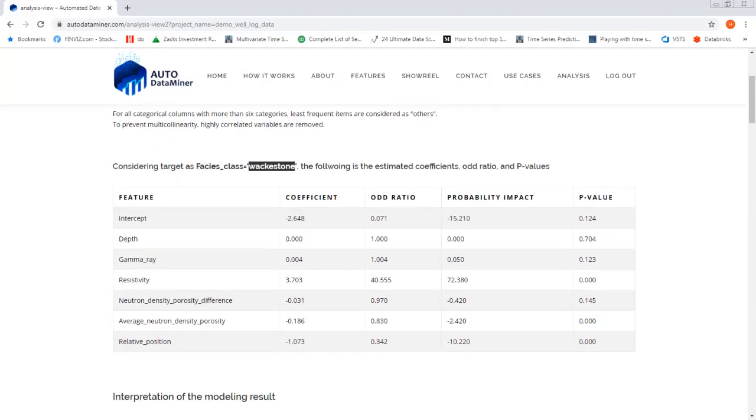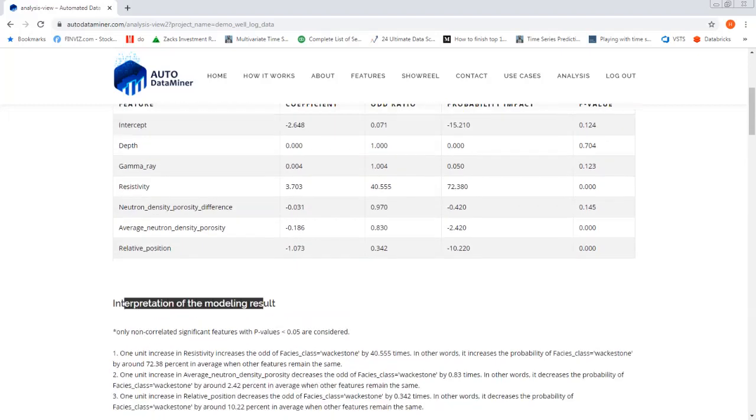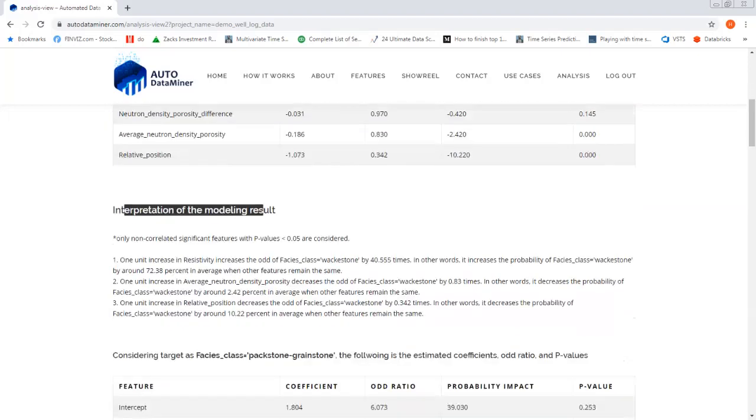You see the feature, the coefficient, the odds ratio, probability impact, and p-value. If you have a good knowledge of statistics, then you can understand this. But otherwise it doesn't really matter, because we have the interpretation of these numbers in a very easy way for everybody to understand.